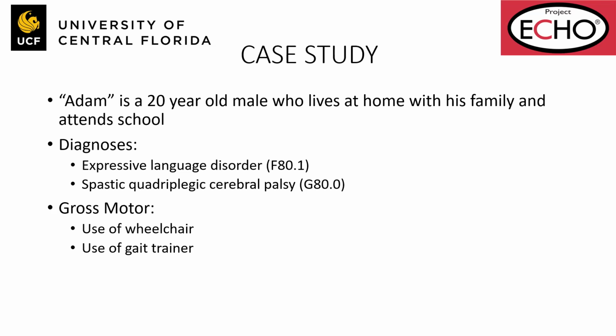He has spastic CP. And it says wheelchair and gait trainer, but I would say at the beginning of our evaluation, he was not a wheelchair user. He could only be positioned in a gait trainer or a prone stander.